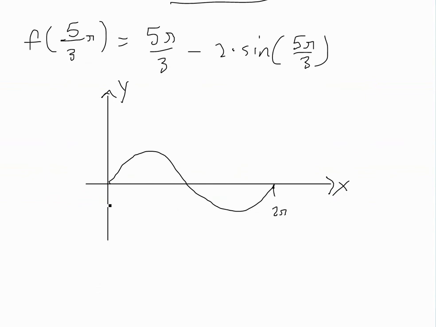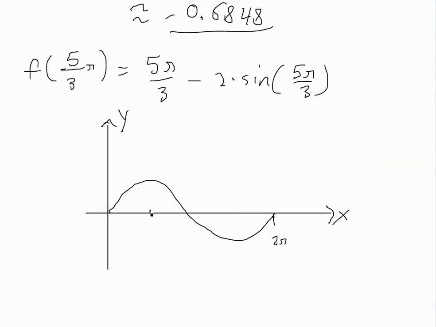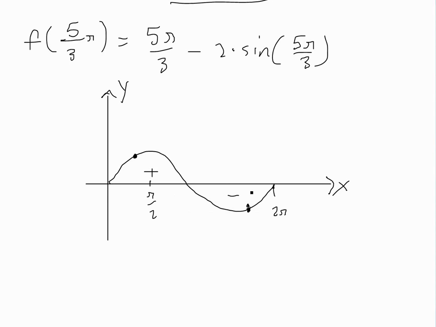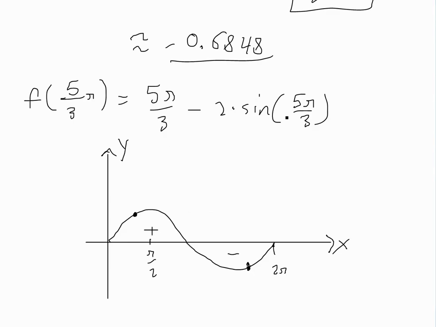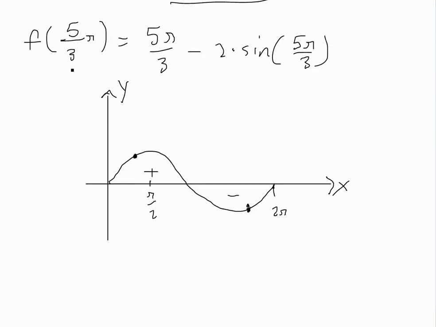At 3 pi over 2, if this is pi over 2 right here, 3 pi over 2 is somewhere over here, and everything above here is positive. But 5 pi over 3 is going to be somewhere over here. It's the same ratio, except it's going to be negative here, because it's positive here and negative everywhere here.